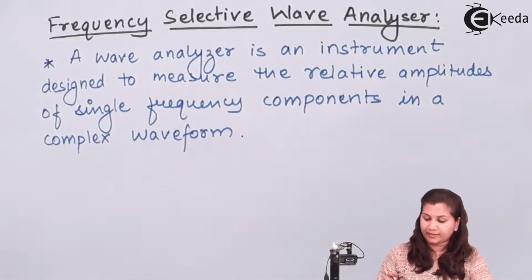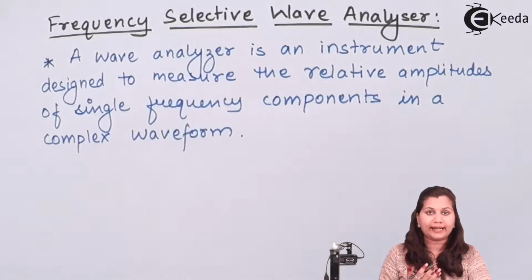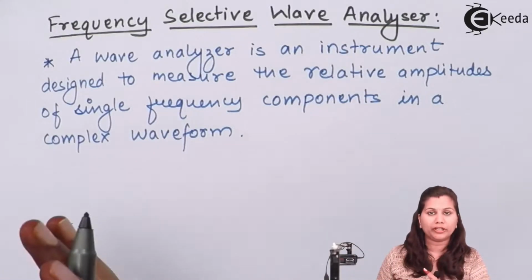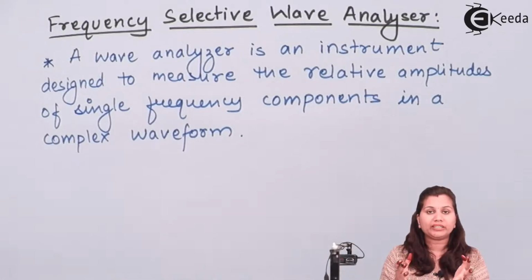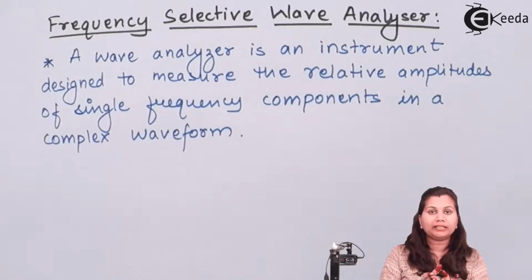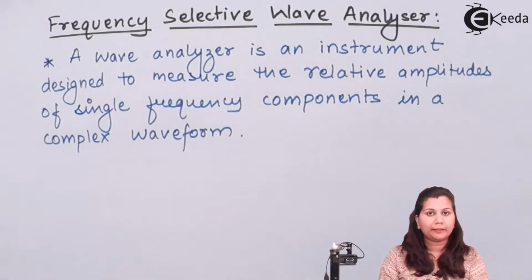It is an analysis instrument used for the analysis of a signal. A signal is a waveform, and a complex periodic waveform is a sum of the fundamental components and the harmonic components. So whenever we do the analysis of a complex periodic waveform, the characteristics of both the fundamental and the harmonic components will be measured.